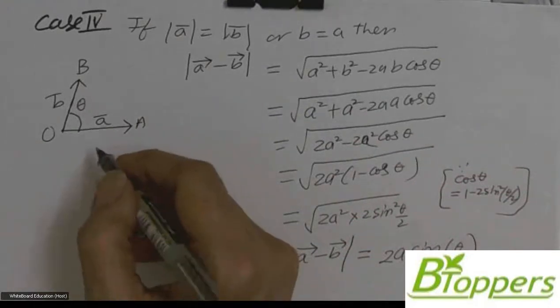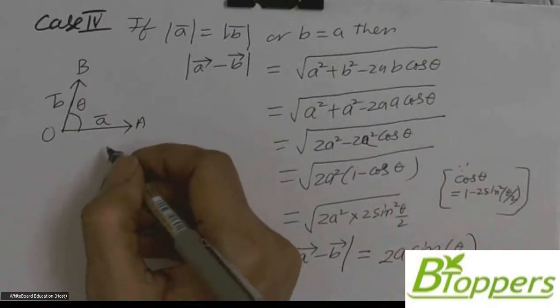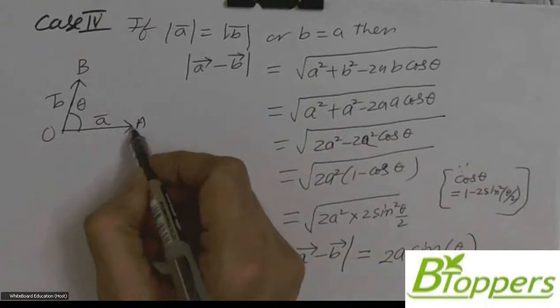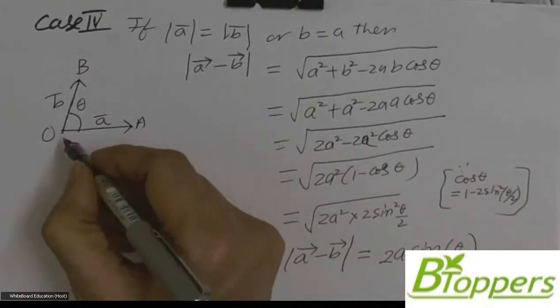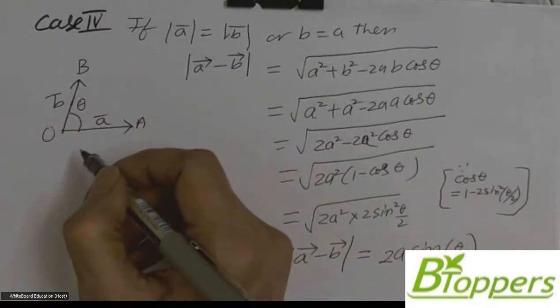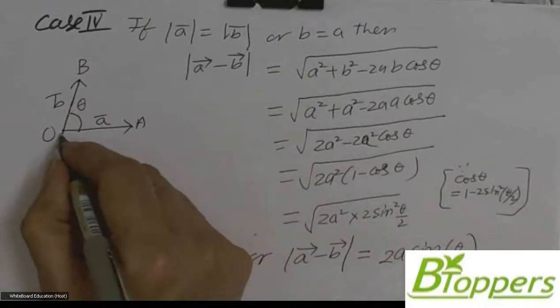Coming to the graphical method for finding the difference of two vectors. The vector A bar is represented by the direct line segment OA bar. The vector B bar is represented by the direct line segment OB bar.